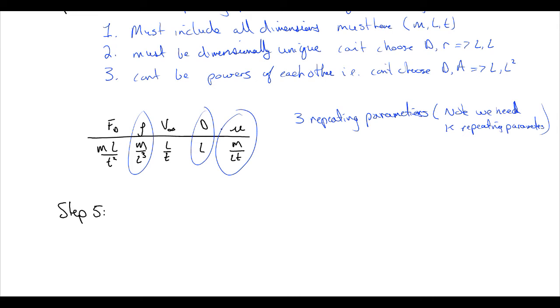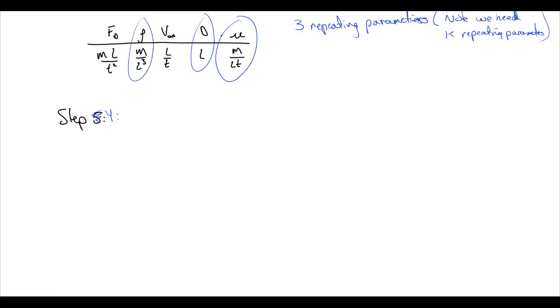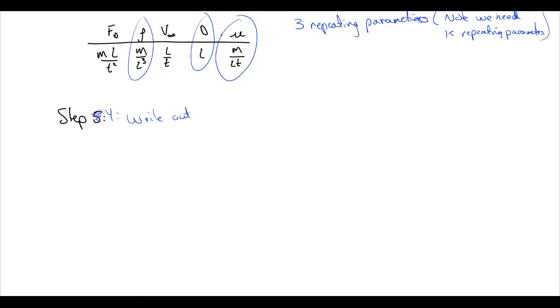All right, so step 5. Apparently we're going to skip one here. Step 4, I mean. Step 4: write out the pi groups with exponents.